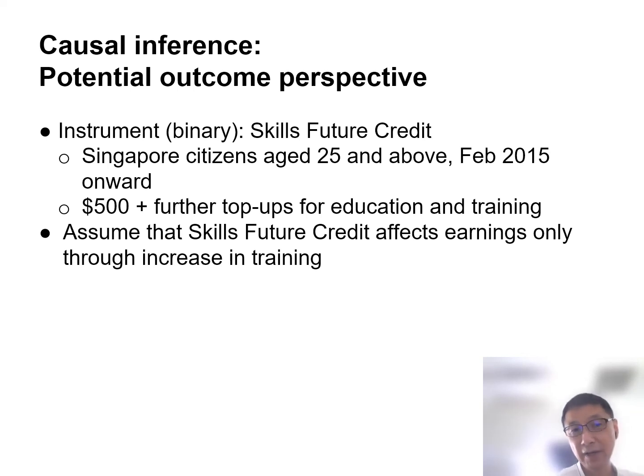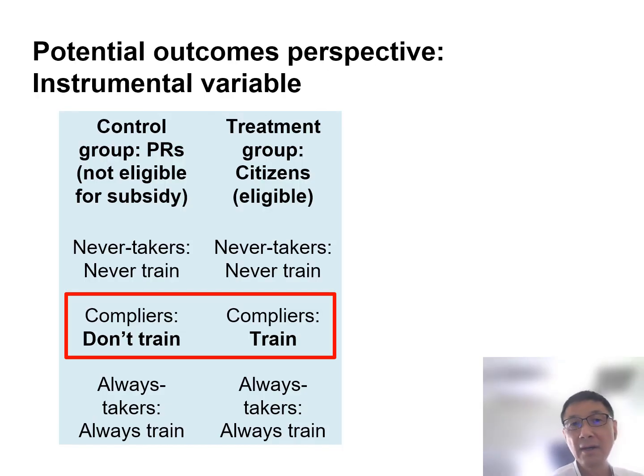Now suppose that we assume that the Skills Future credit affects individual earnings only through changes in training. We can then design a quasi-experimental study by comparing two groups of people.